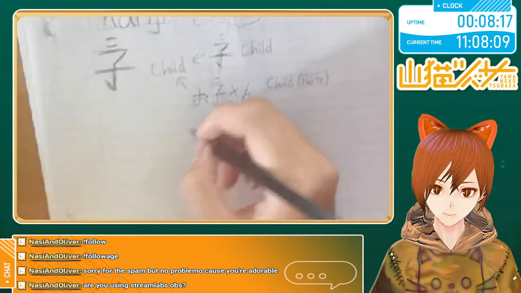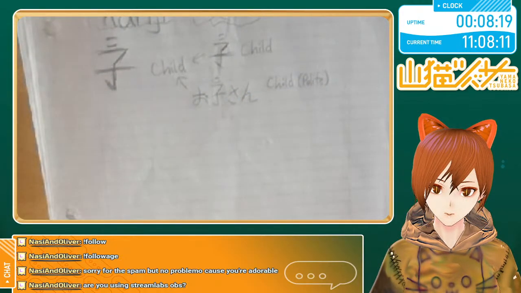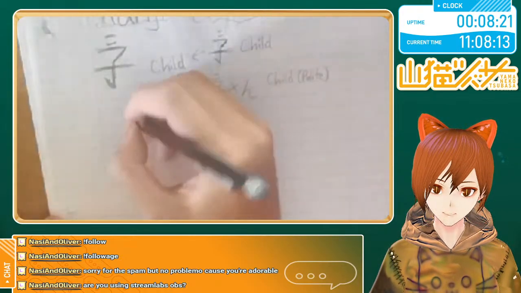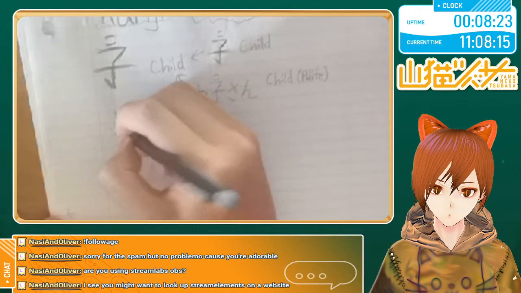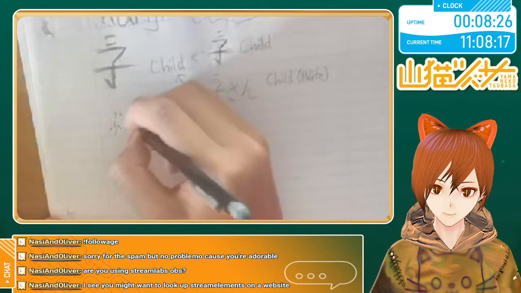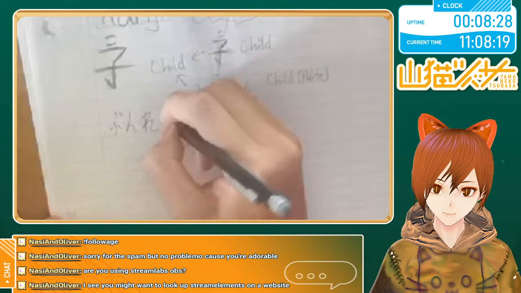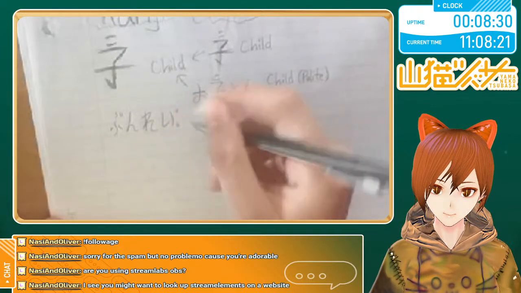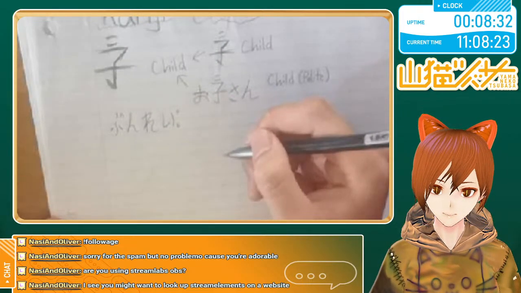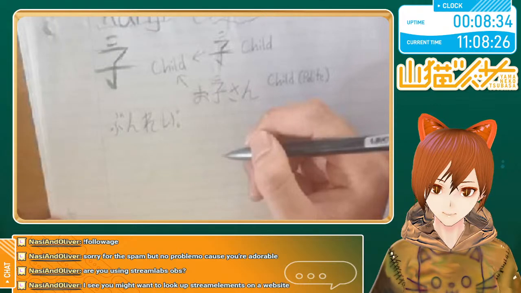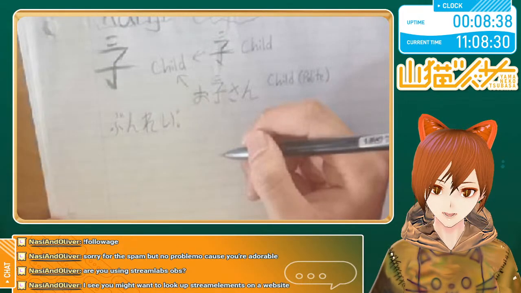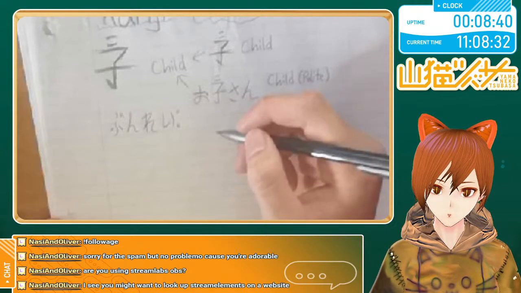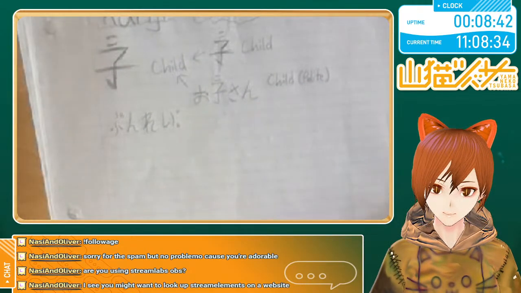Okay. Bunne. Bunne. Example sentence. I just might want to look up stream elements on a website. Ah, that's what it's called. Will do. Let me make that a note for myself so I don't forget it.